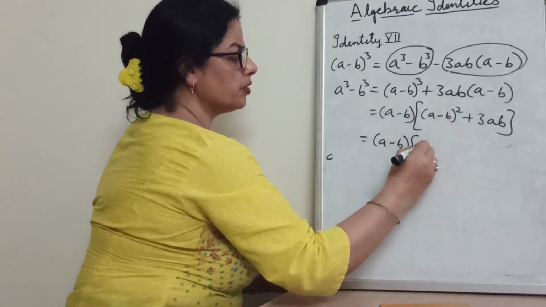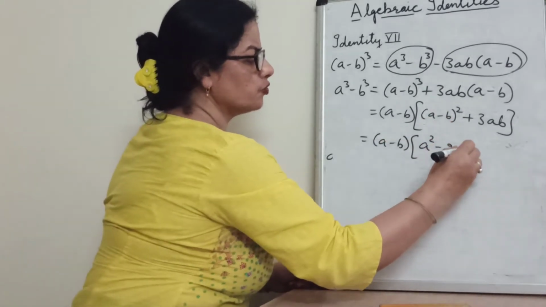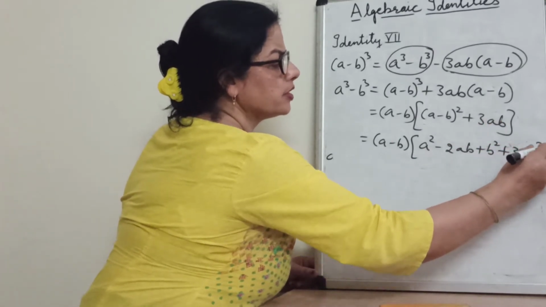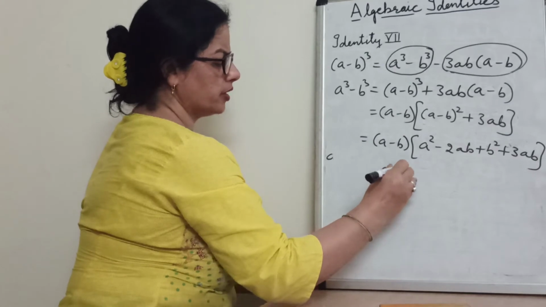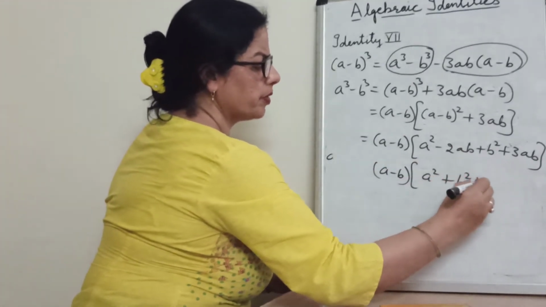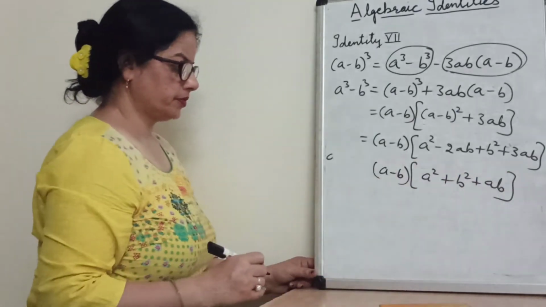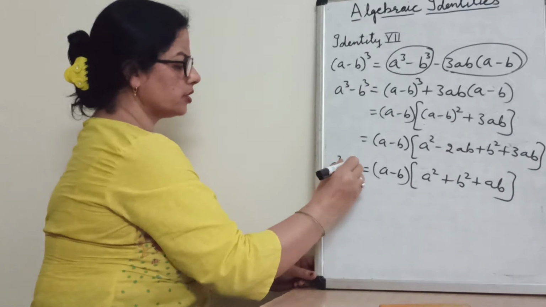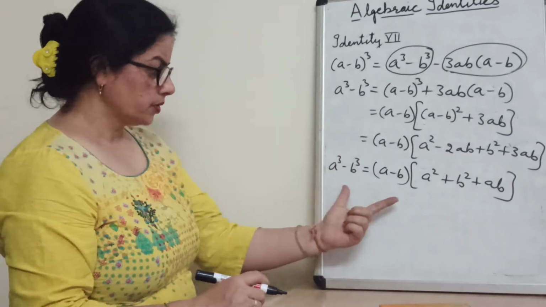What is (a - b)^2? a^2 - 2ab + b^2, and this plus 3ab as it is. (a - b)(a^2 + b^2 + ab) will come. So this is the value of a^3 - b^3. Is it clear?